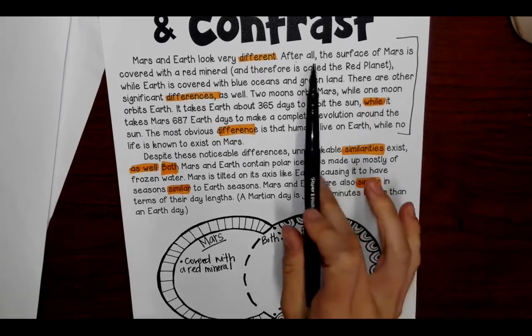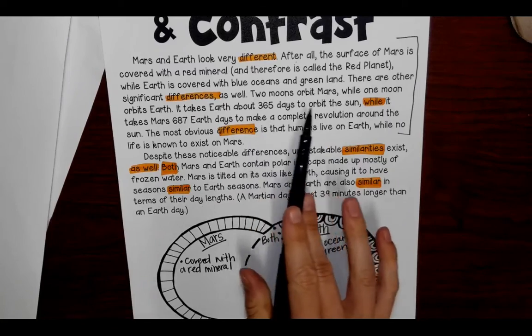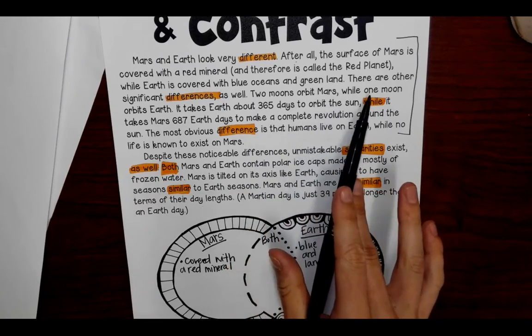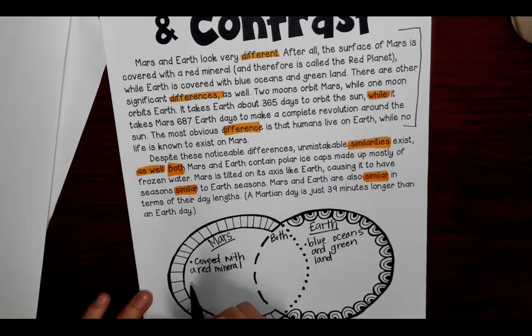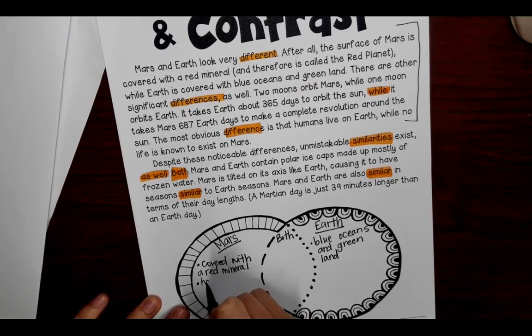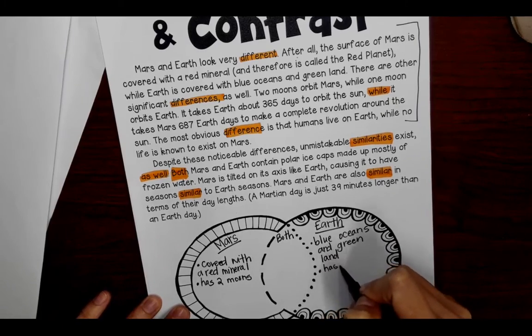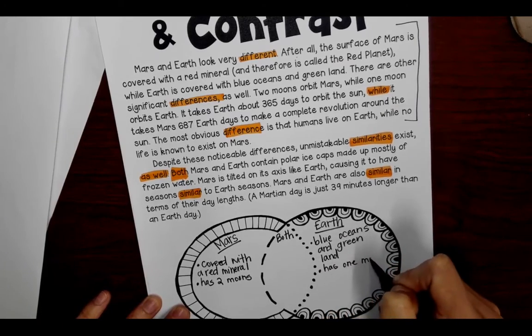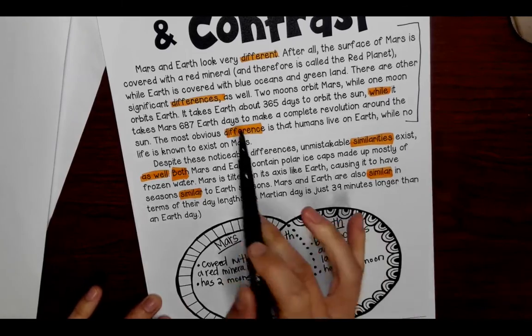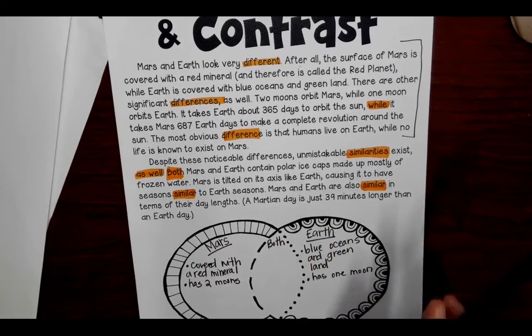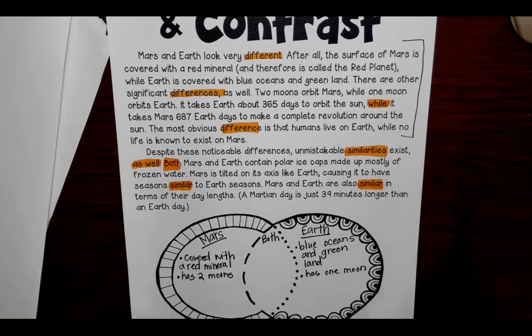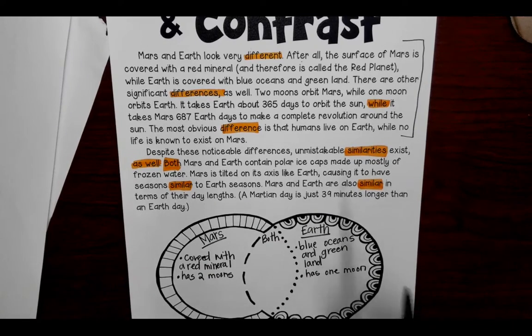Now, the next couple of sentences says that 2 moons orbit Mars while 1 moon orbits Earth. So I'm going to say it has 2 moons and Earth has 1 moon. Okay. If I'm writing or going too fast, just remember you can pause this video and pick up where you left off.